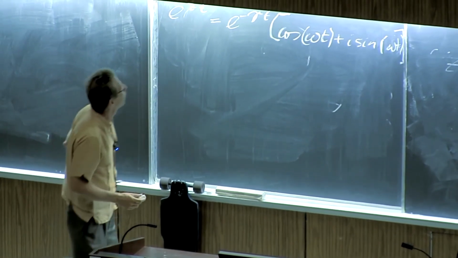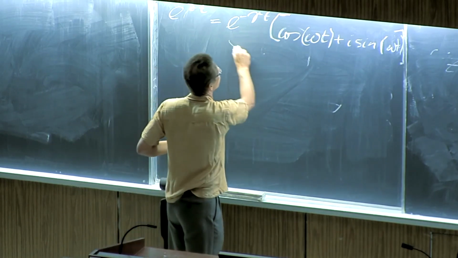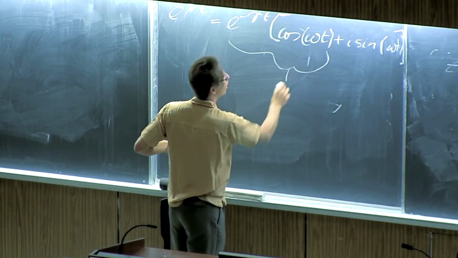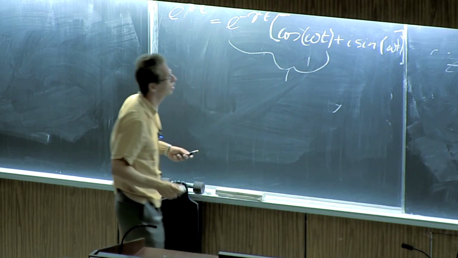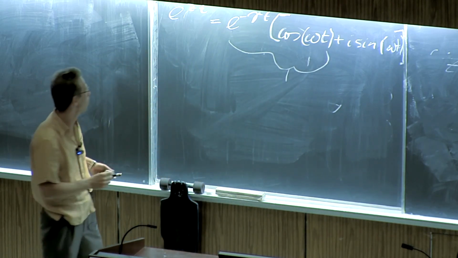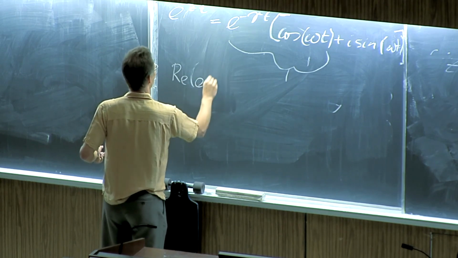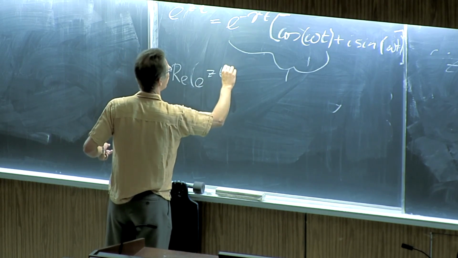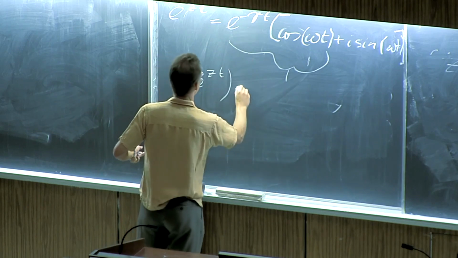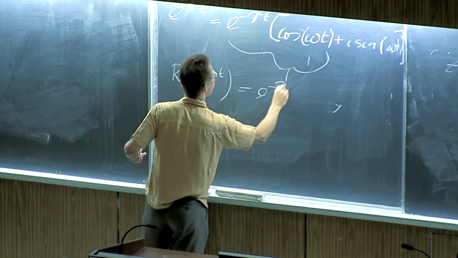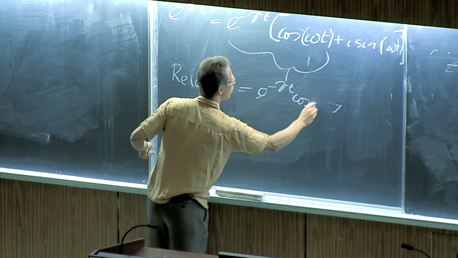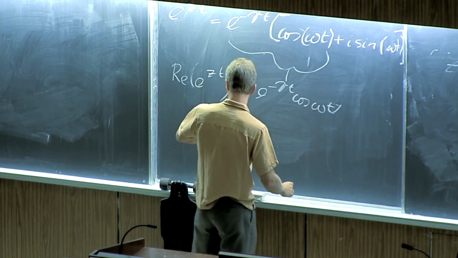So this part is sort of what we want, either that part or that part. So if we actually want to relate it to something physical, we take the real part of this. And since this is a real number, this is simply e to the minus gamma t cosine omega t.